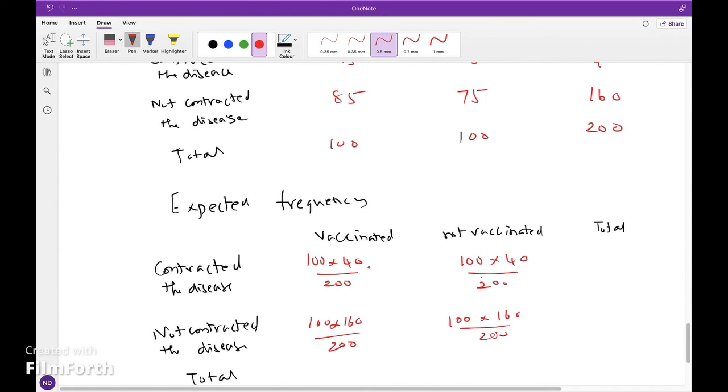This value is 20, this value is 20. Here 40. This value is 80, this value is 80. Here 160. Here total 100, here total 100. So this value is 200.